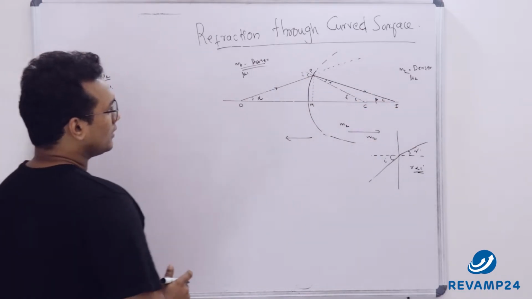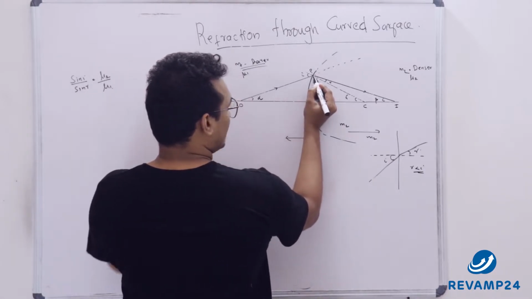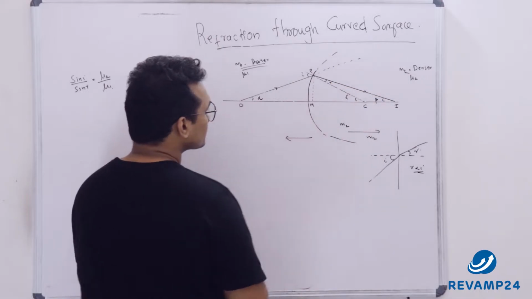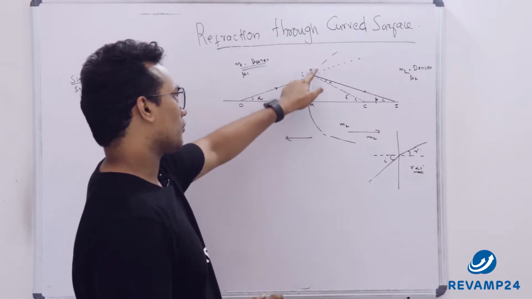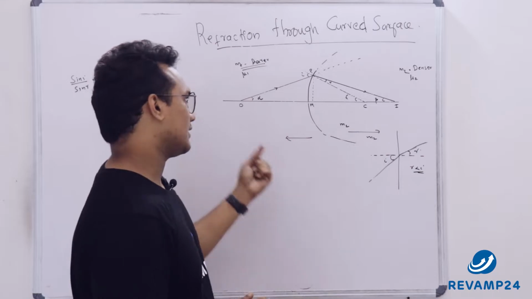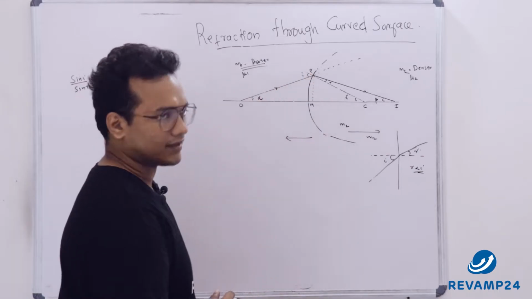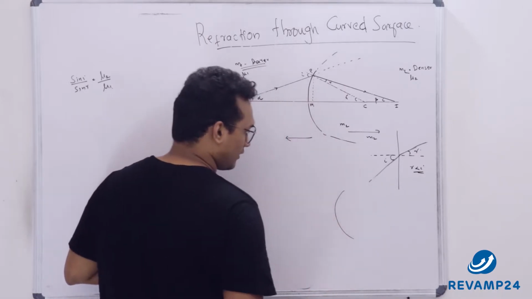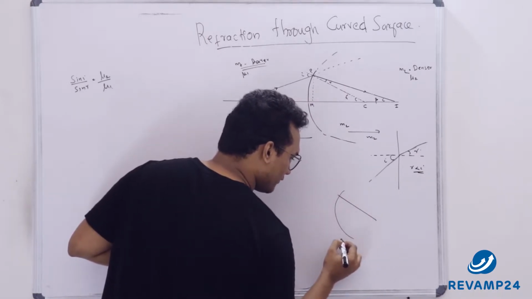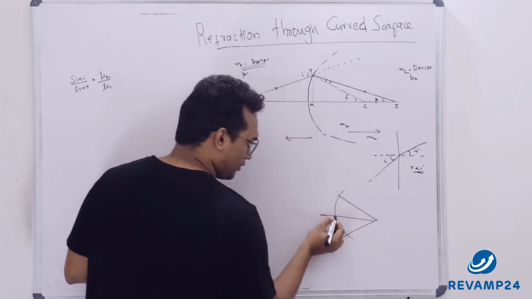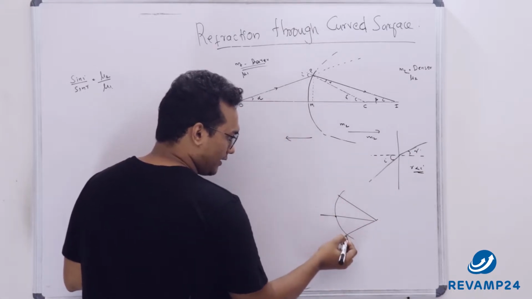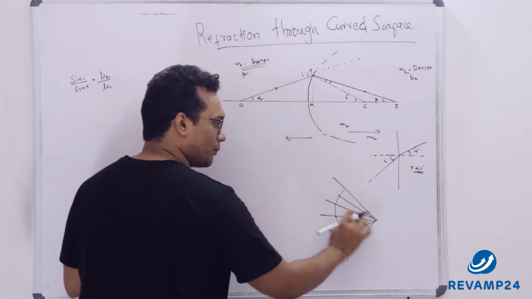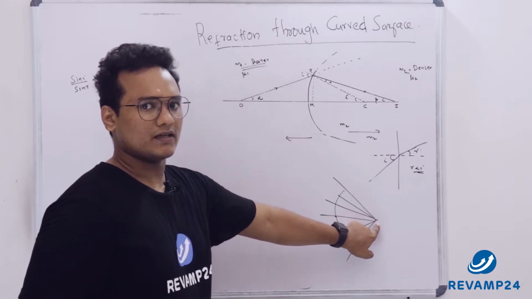So how to get the refracted ray at this position? Just draw a line that is the normal to the surface where the incident ray met the curved surface. Now when this is circular in nature, any normal drawn at any point would pass through the center of the curved surface.